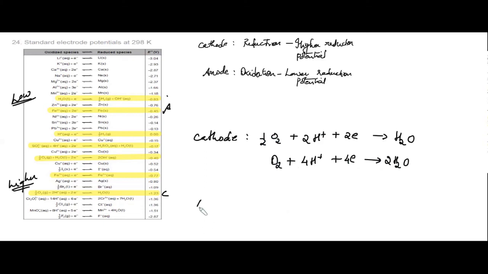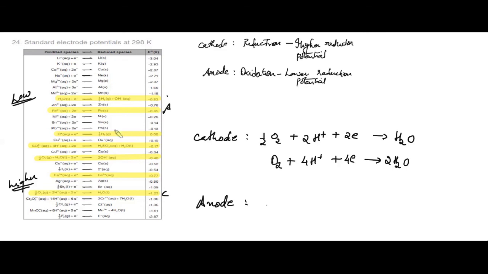And for the anode, I've decided to take a reaction from the top. I've decided to take this one from the top. So that will be in this table. But there is a problem. At the anode, it is not reduction, it is oxidation that is happening. But the equation given here is in reduction format. So I have to flip it over.